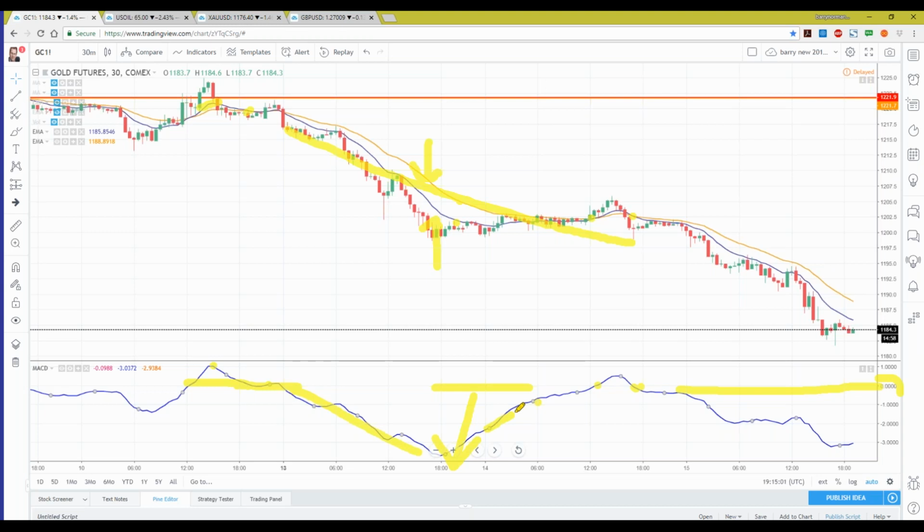As price eases out and moves into an uptrend, we would expect it to move above 0. Anytime it's at 0, we know that the short-term and the long-term EMA are crossing one another.